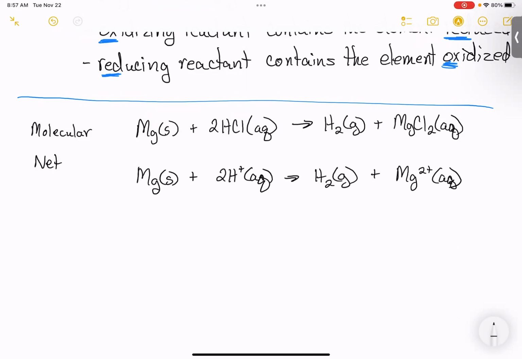Now this net ionic equation really does make the first piece, element oxidized, element reduced, the easiest to figure out, because it gets rid of all the extra stuff.